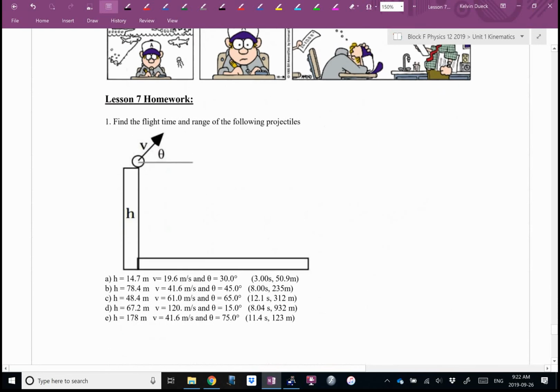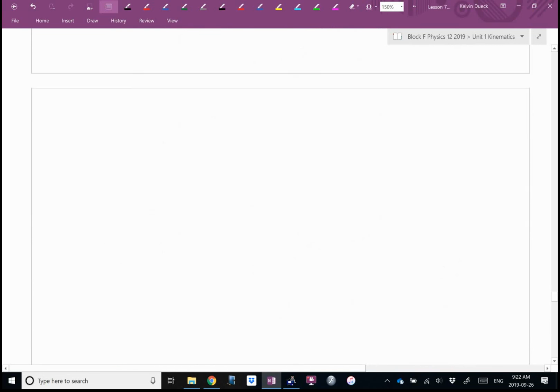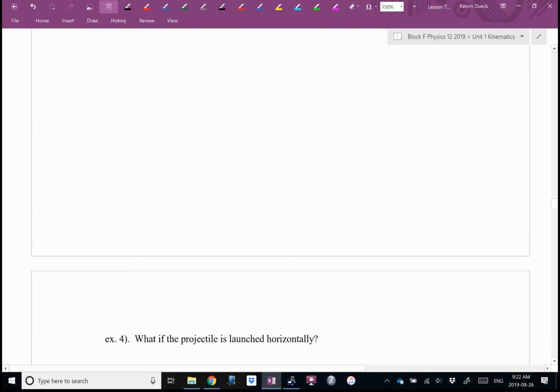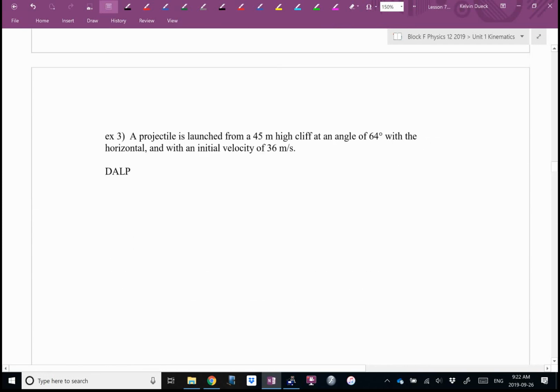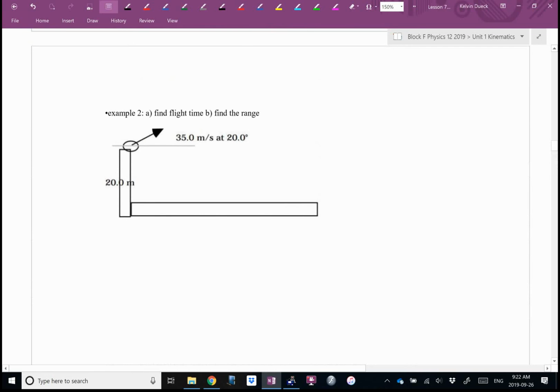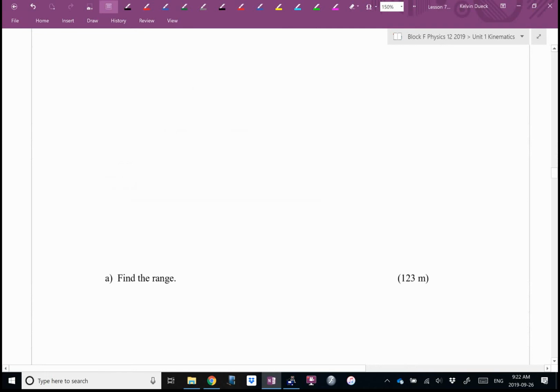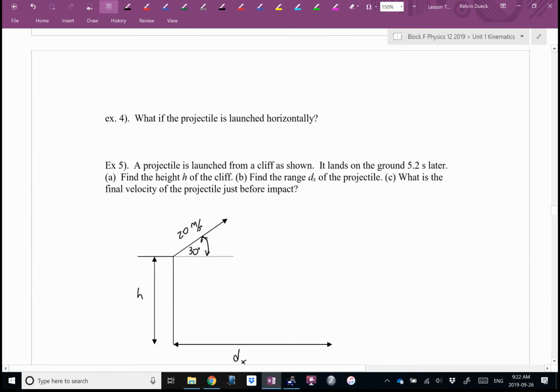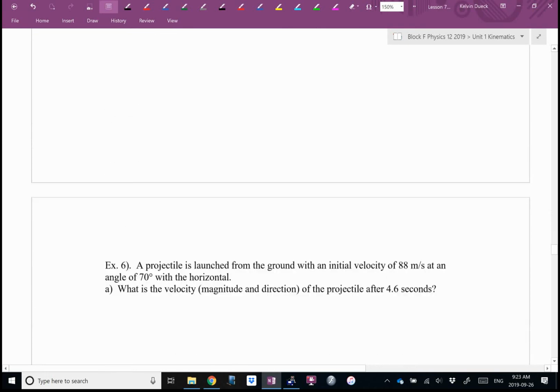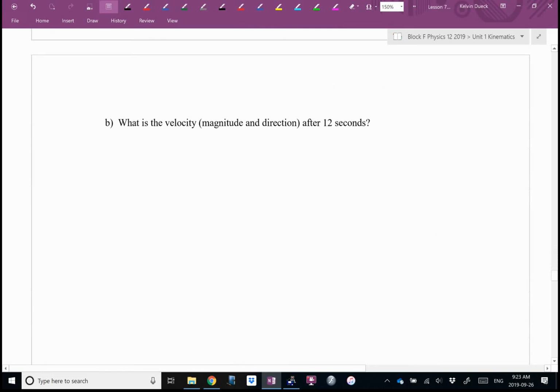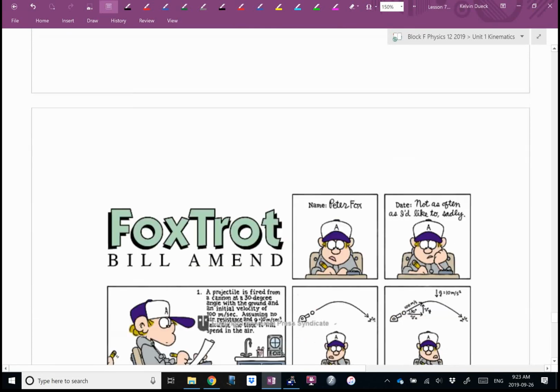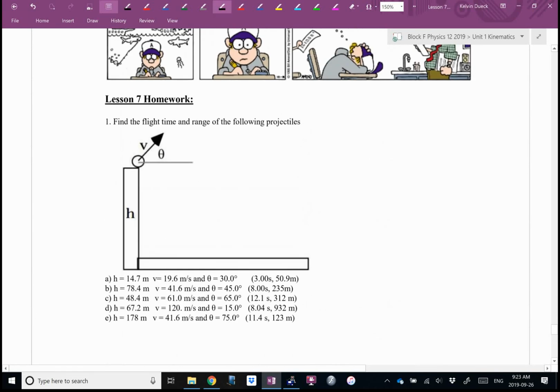I think right now, even though I've only done one example, I'm hoping you can use that as a template. So I am going to pause here. If you want to get a start on this for the remaining 10 minutes or so, I am going to assign all of question number 1. I would do these on a separate piece of paper.